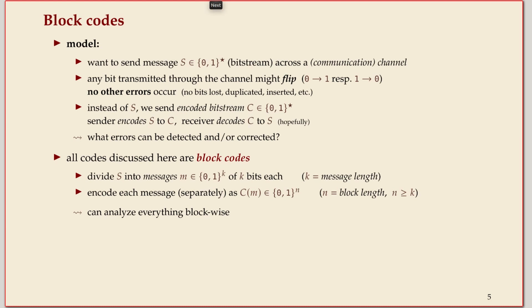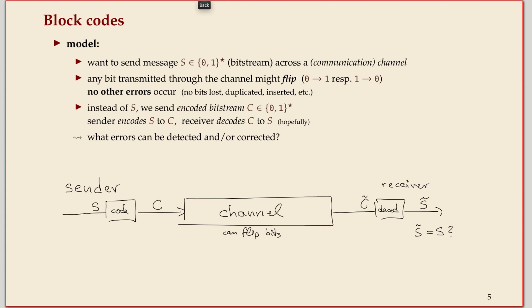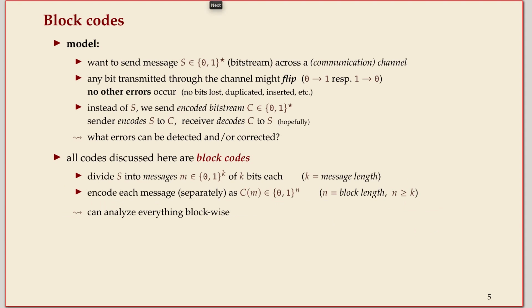To make our life a little simpler, the setup is fairly general. I didn't say how long these messages are. It turns out that all the codes that are relevant for us are of a specific type. They're so-called block codes, which means they work by dividing the stream into messages of a fixed length, each k bits long.